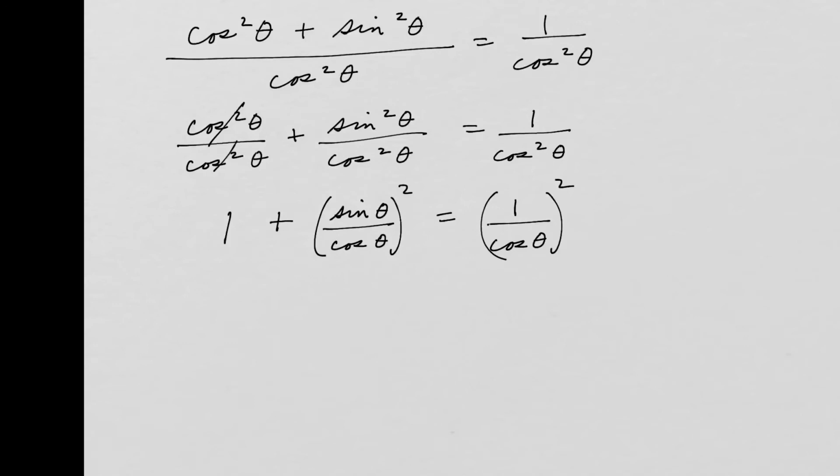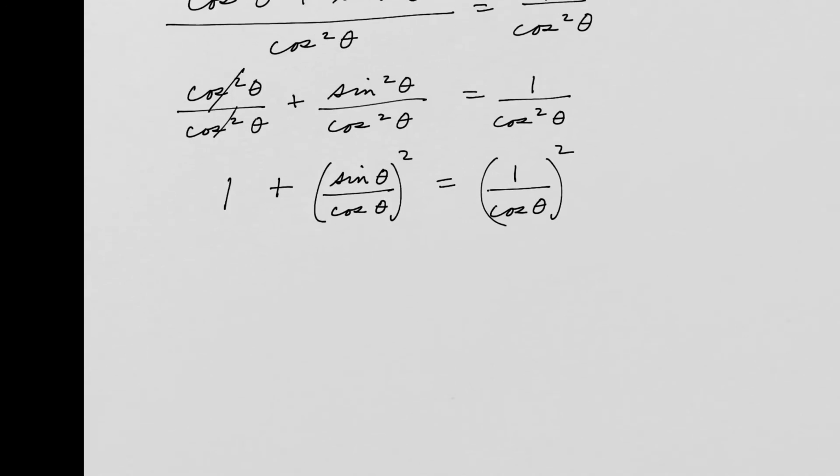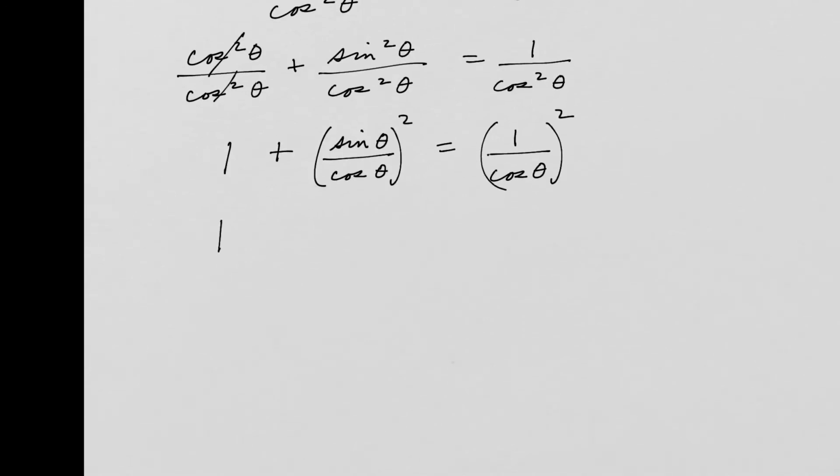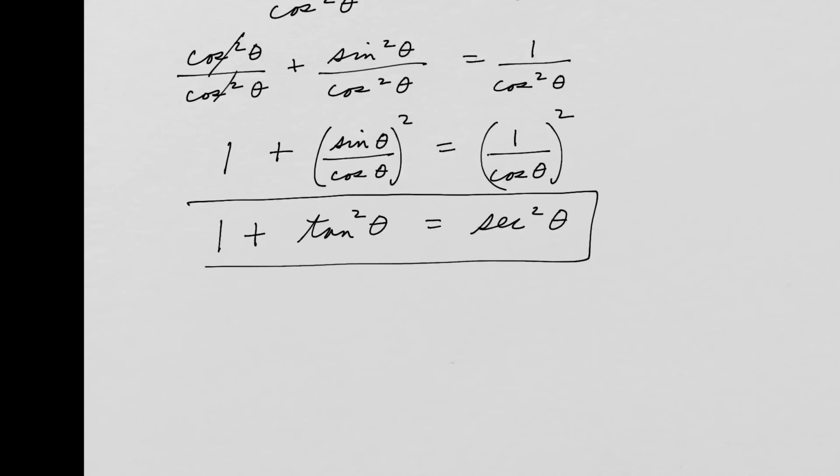But what is sine over cosine? Sine over cosine is tan, right? So this is 1 plus tangent squared of theta. That equals, and remember 1 over cosine is secant, so this is going to be secant squared of theta. So just by dividing by cosine squared of theta, starting with the Pythagorean identity, I've gotten a new identity here. The fact that 1 plus tan squared of theta equals secant squared of theta.